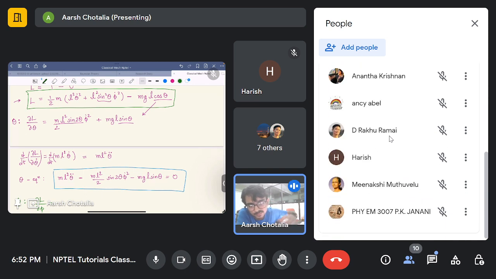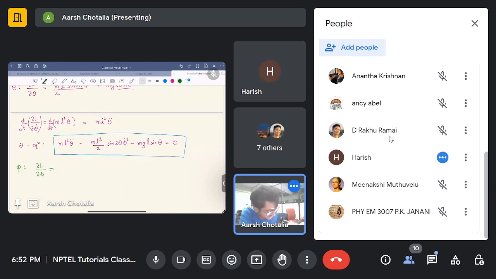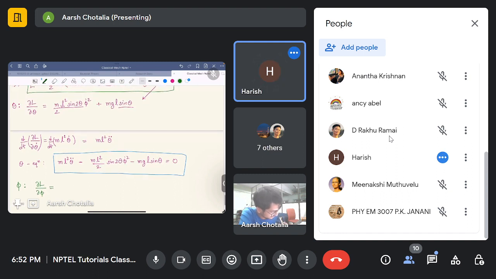Harish, sorry for picking on you. It's a cyclic coordinate, so 0. It's cyclic, right?